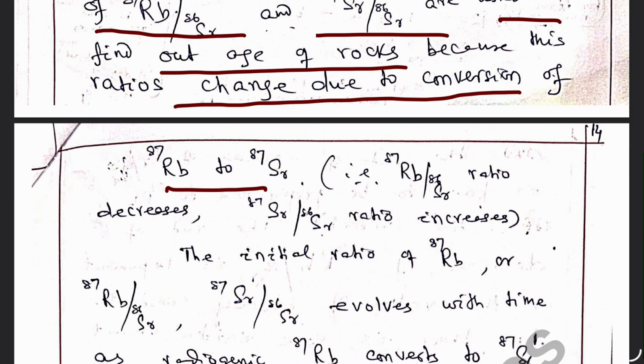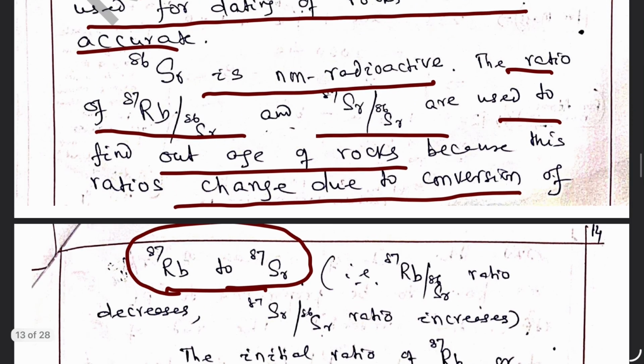That is, the rubidium-87 by strontium-86 ratio decreases and the strontium-87 by strontium-86 ratio increases, because rubidium gets converted into strontium-87. Rubidium-87 decreases, strontium-87 increases.